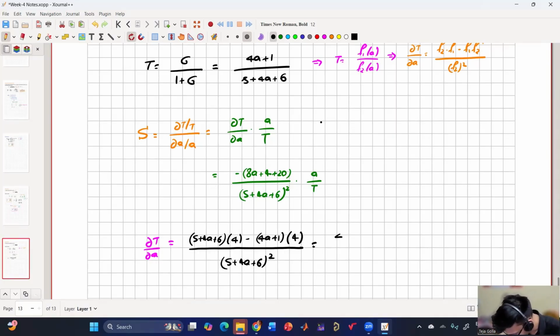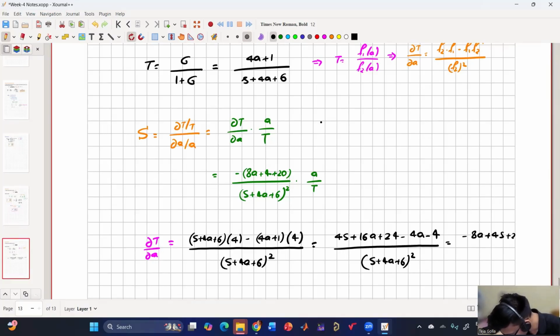So it is 4S plus 16A plus 24 minus 4A minus 4 by S plus 4A plus 6 whole square. So it is minus 8A plus 4S plus 20 by S plus 4A plus 6 whole square.